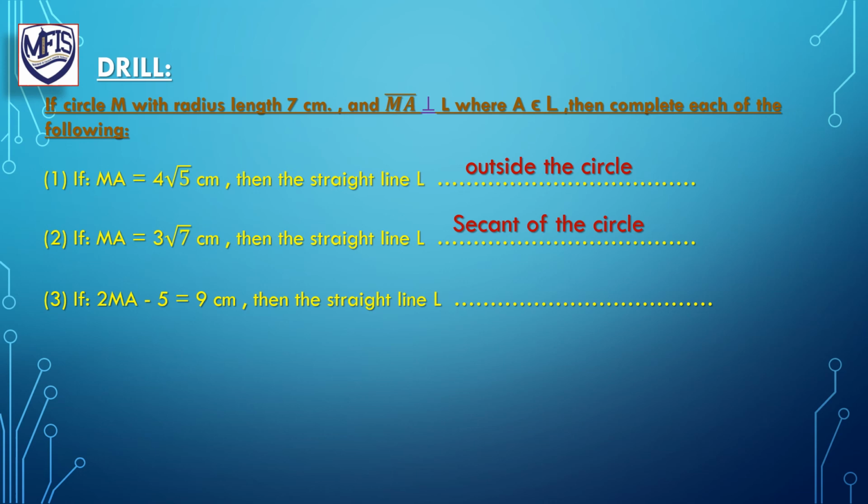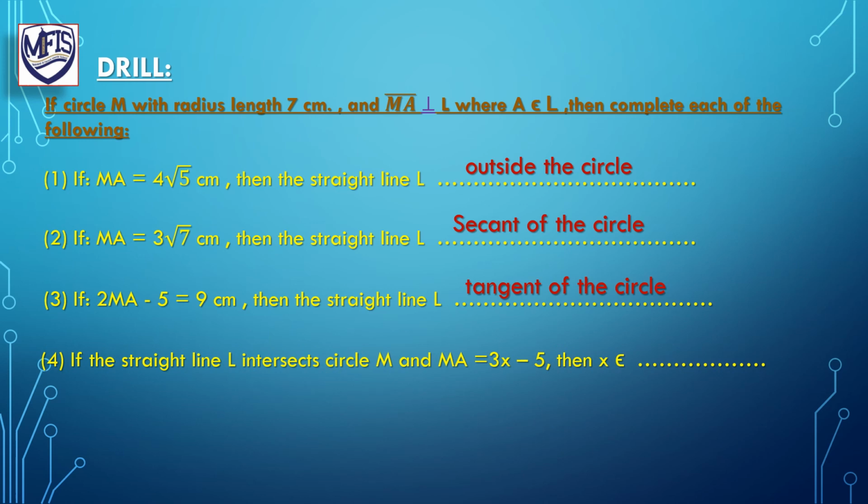So, we must find the value of MA. So, solve the equation. 2MA equals 9 plus 5. 2MA equals 14. Then MA equals 7. So, MA equals 7 and the radius equals 7. Yes, this straight line is tangent of the circle.